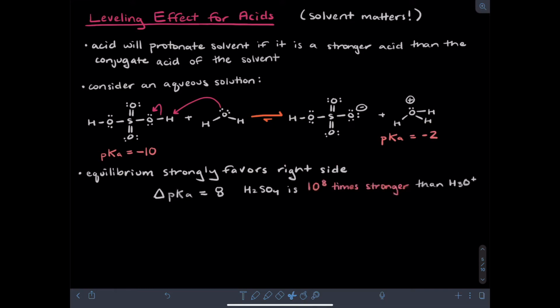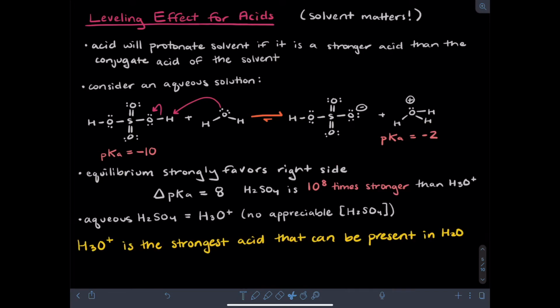Looking at my difference in pKa values, I can conclude that sulfuric acid is 10 to the 8th times stronger than H3O+. What this means is that the second you dissolve sulfuric acid in water, it gets deprotonated to form HSO4- and H3O+. As soon as you mix it, there is essentially no H2SO4 left in that form.